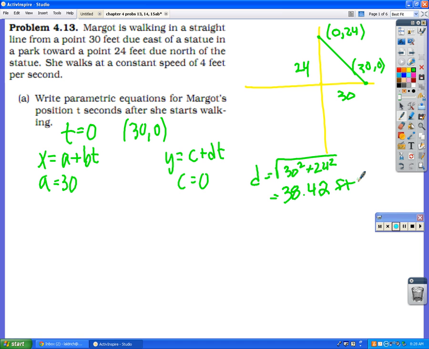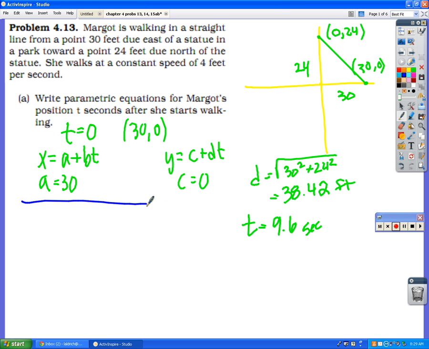So if she is traveling 38.42 feet and she is traveling at a rate of 4 feet per second, how long does it take her to travel that distance? 9.6. So let's go with 9.6 seconds.